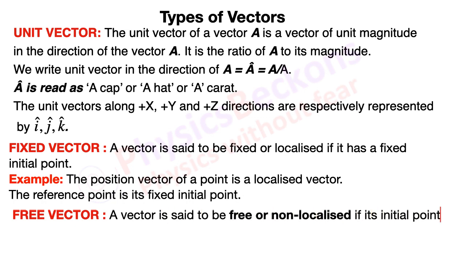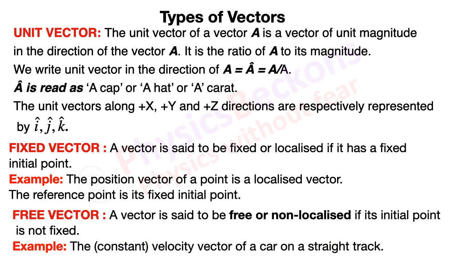Free vector, also known as non-localized vector, is a vector whose initial point is not fixed. For example, the constant velocity vector of a car on a straight track. As the car moves, the initial point also keeps on moving.